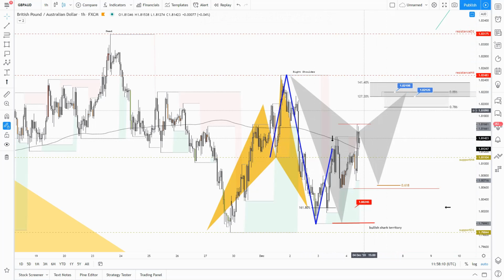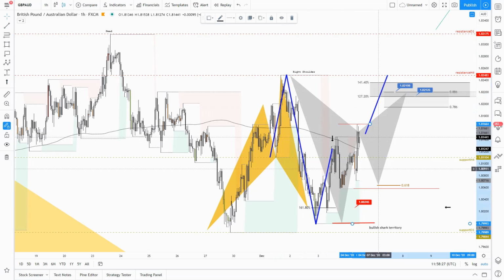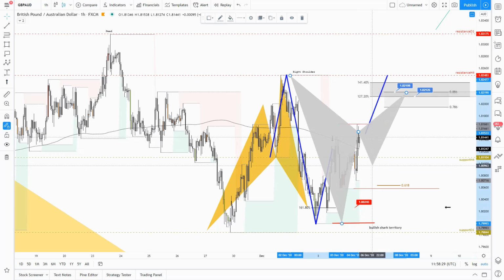So I believe the market has room to trade even higher from here. If that happens, I believe it will attempt a retest of the previous structure highs and eventually even higher, 88.6, and or eventual Gartley pattern if the price decides to fall again into this golden Fibonacci retracement level.